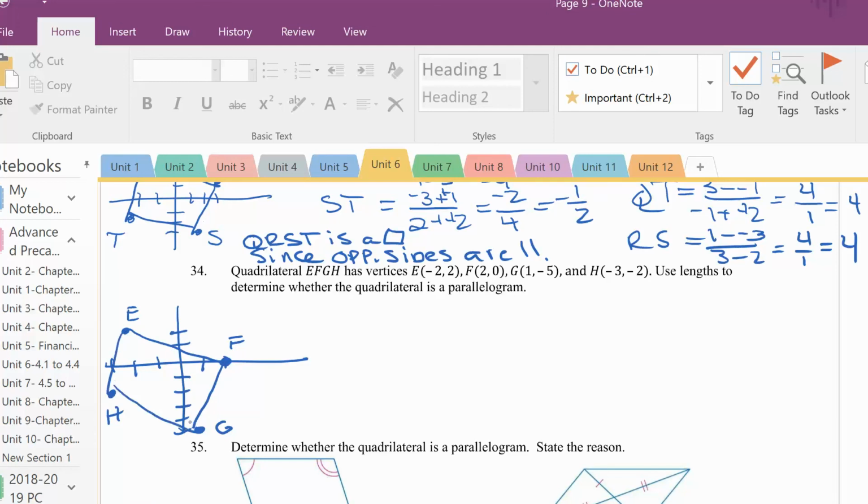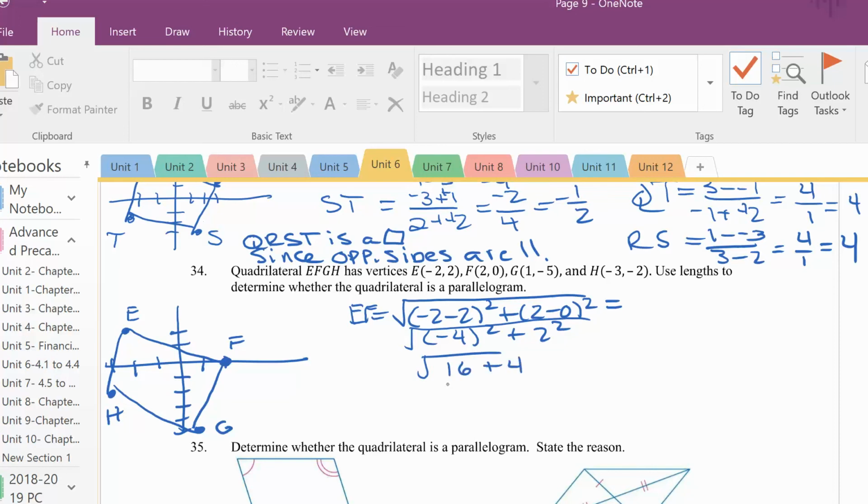So we want to find the lengths. So to find EF, we do the distance formula. -2 minus 2 squared plus 2 minus 0 squared. It's going to be -4 squared plus 2 squared. Square root, so it's the square root of 16 plus 4, which is the square root of 20. Actually, let's do the opposite one.